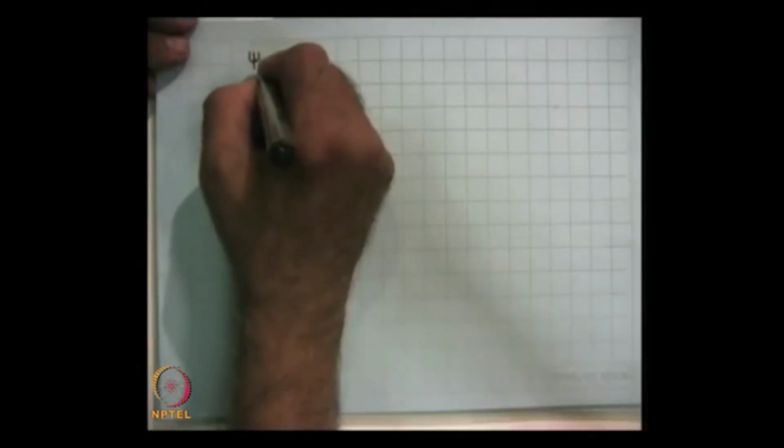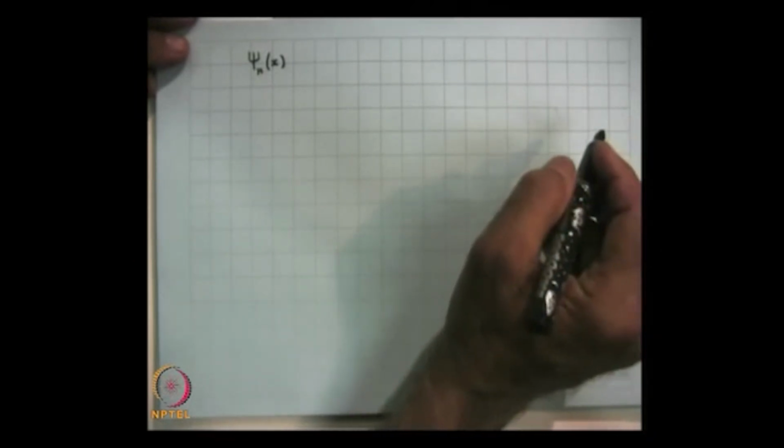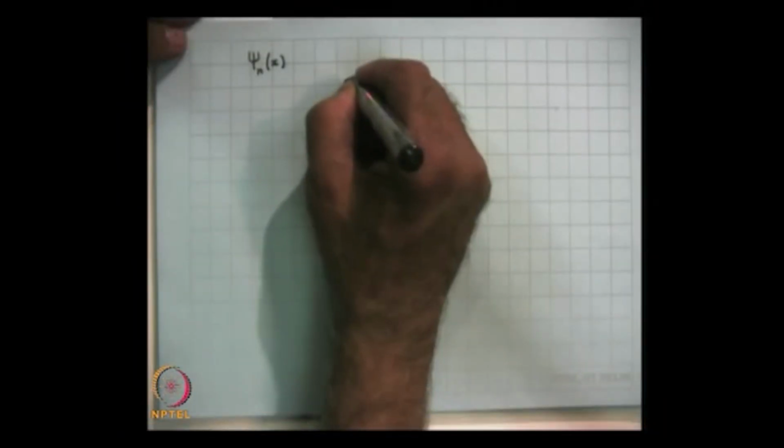That means, if psi n of x, let us suppose in a particular problem we have a set of wave functions which are the eigenfunctions of the operator H, then any arbitrary well behaved function, say phi of x. Well behaved means it has to be single valued, it should not be infinite anywhere, and it should be a square integrable function.